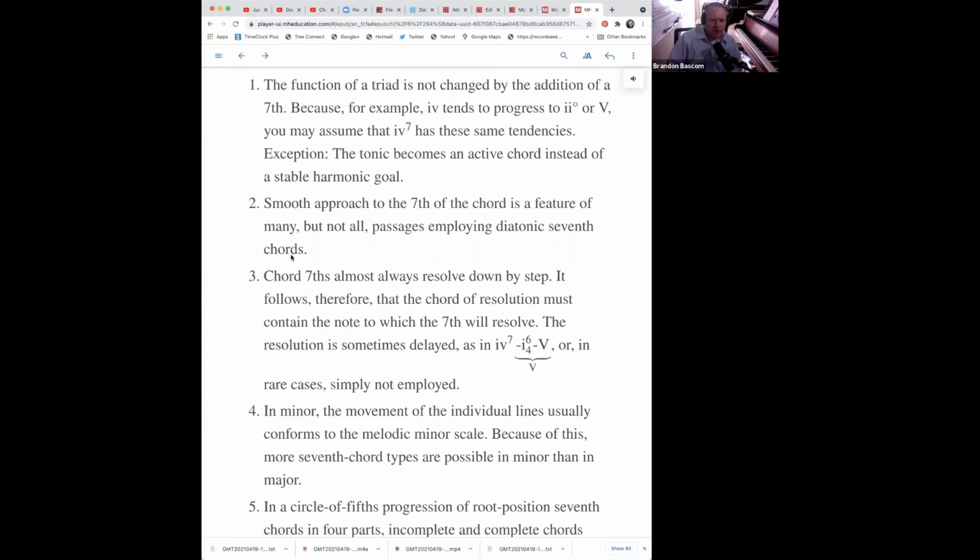So we need an F sharp, an A, a C, and an E. We could keep the C, keep the E, and go down to an F sharp.